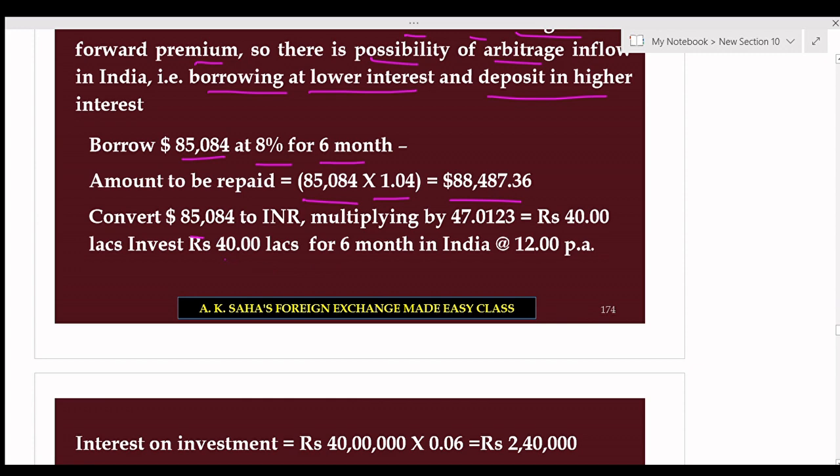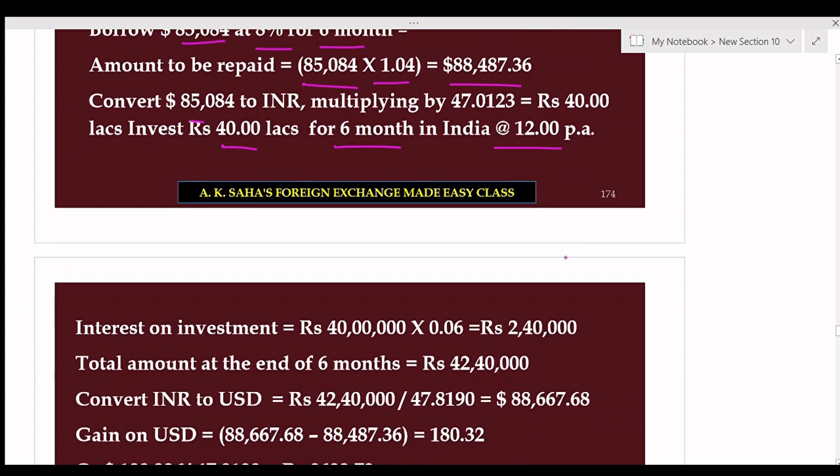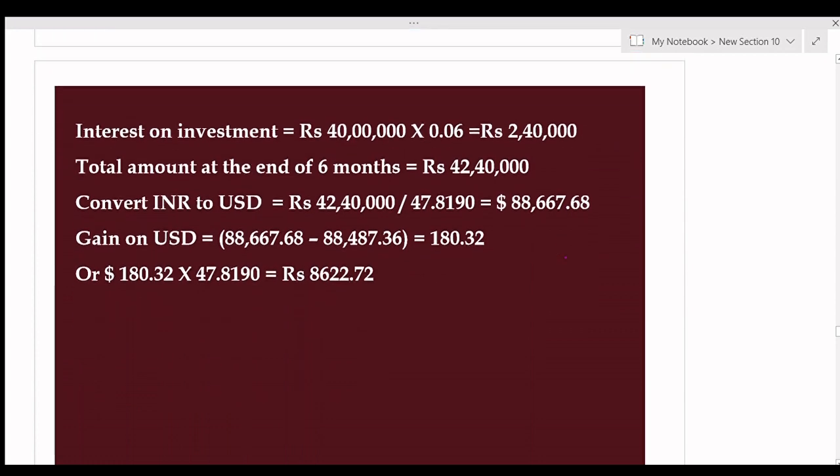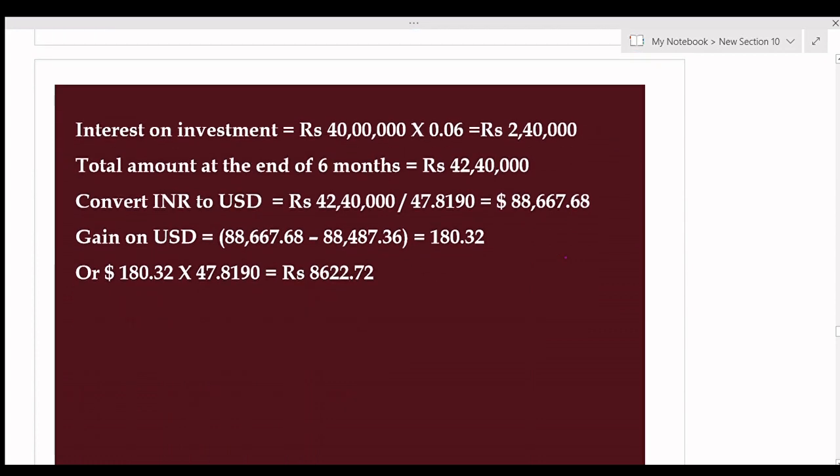Invest 40 lakhs for 6 months at the rate of 12% per annum, that is 6% for 6 months. The interest will be 40 lakhs into 0.06, which is equal to rupees 2,40,000. Total amount will be 40 lakhs plus interest, 42 lakhs 40,000.